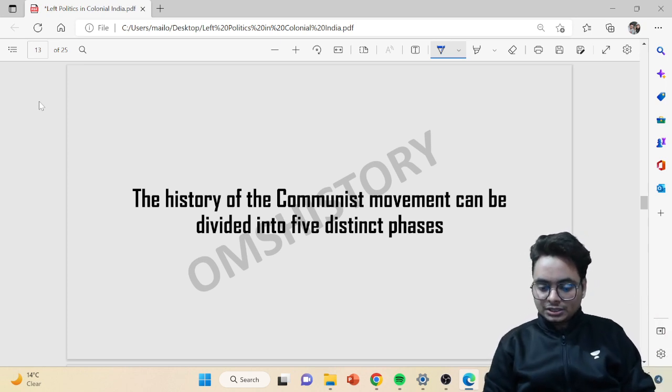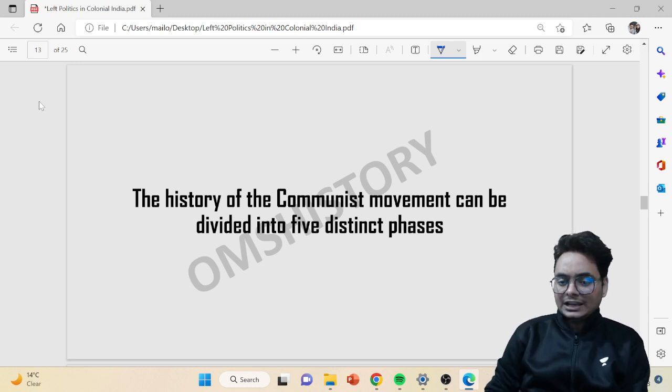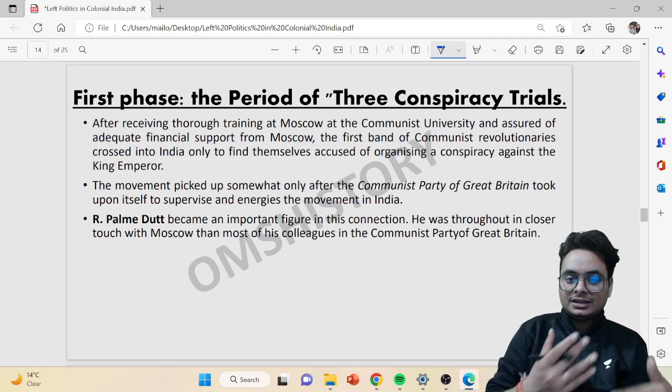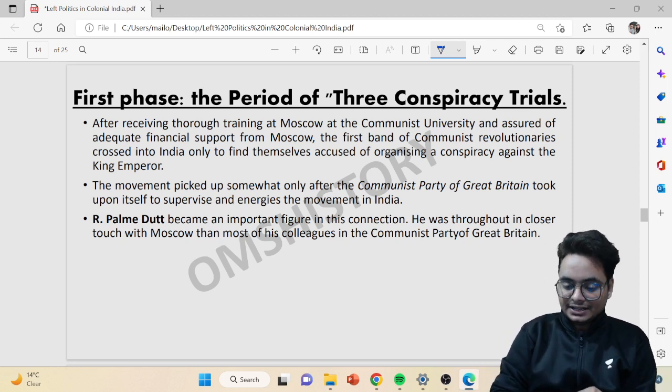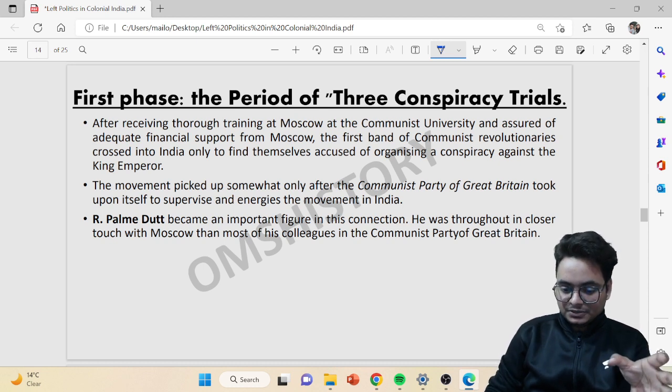Okay, so now the history of this communist movement can be divided into 5 distinct phases, and that's how we are going to look towards these 5 distinct phases. So the very first phase could be said as the period of the 3 conspiracy trials. Okay, this was the period of these 3 conspiracy trials.